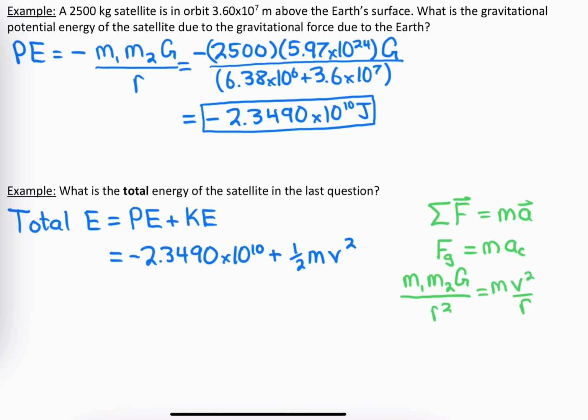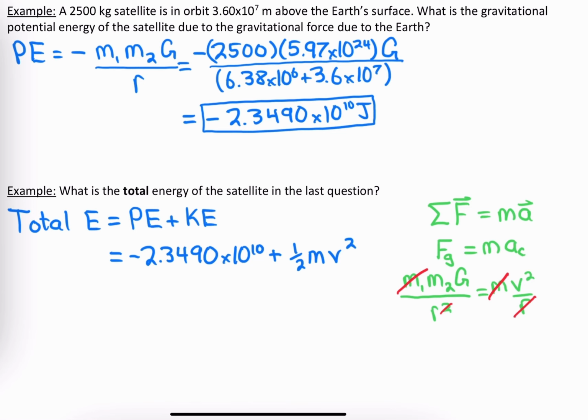Let's just see if we can do some simplifications. This m on the right-hand side is the mass of the satellite, so I can cancel that out with this m. And if I multiply both sides by r, that cleans things up a bit. This r will go away, and one of these r's will go away.